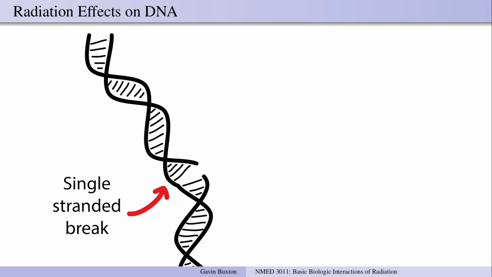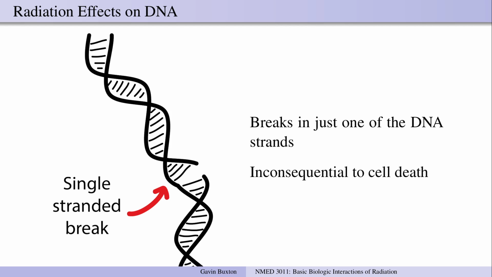Other ways in which radiation can damage DNA involve single strand breaks. Breaks in just one of the strands of the DNA molecules have been measured experimentally in cells, but have been found to be relatively inconsequential in terms of cell death.